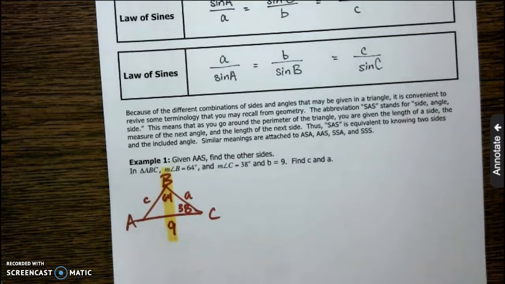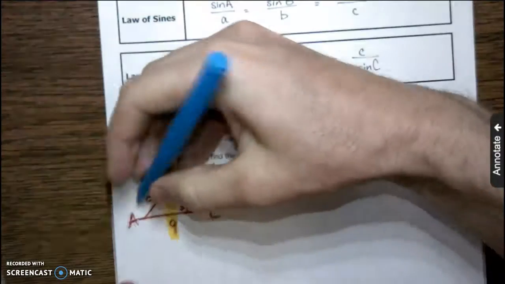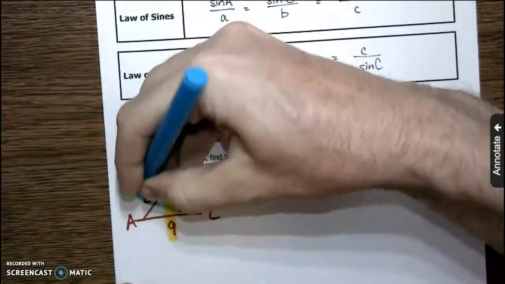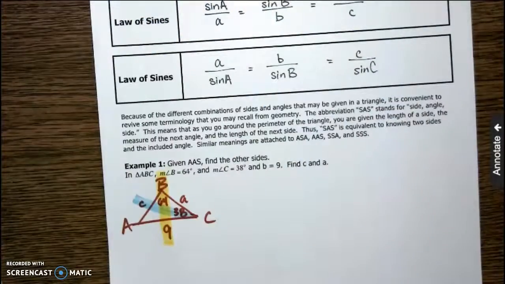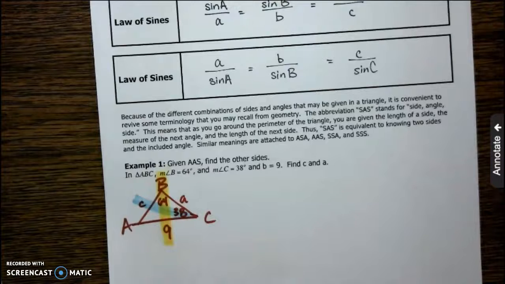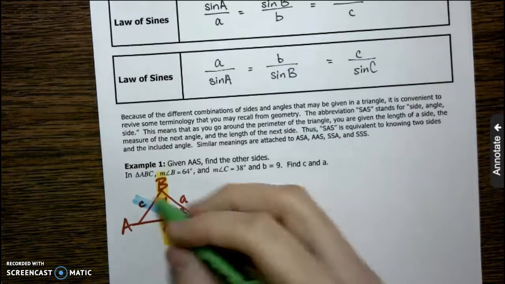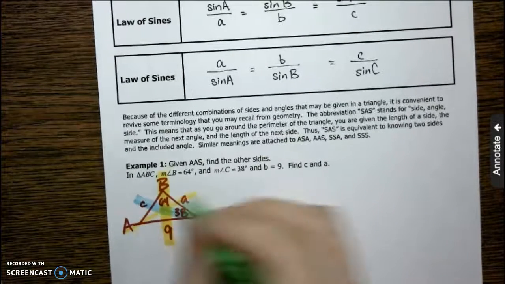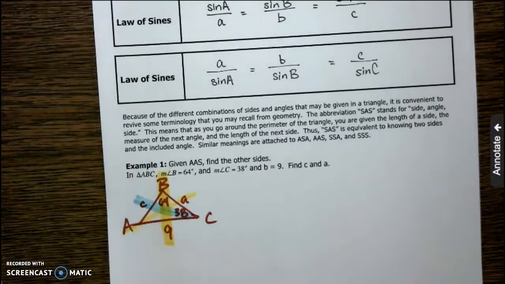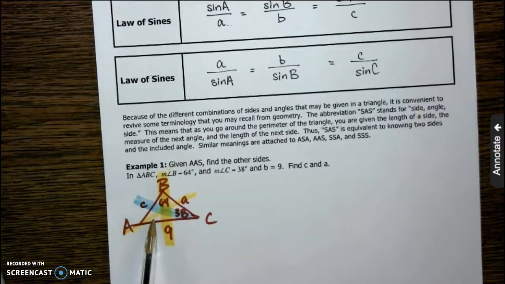When I look at C, I have the angle for C, but I don't have the side for C. So 38 and C are opposites of each other. And when I look at A, I don't have anything for A. I have no angle for A, no side for A. So ask yourself, how could I find angle A?